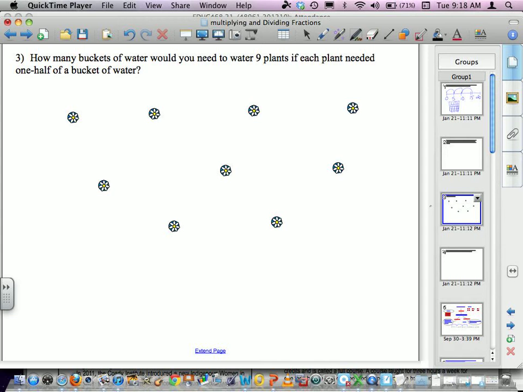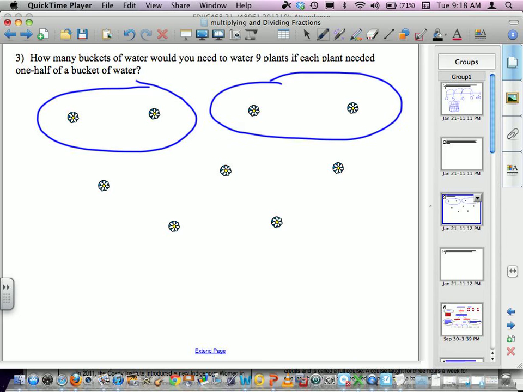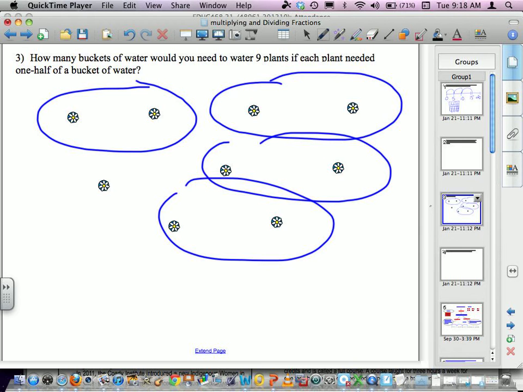And each plant gets 1/2 a bucket of water. So together, 2 plants would get a whole bucket of water. So how many buckets of water do I need? 4.5.